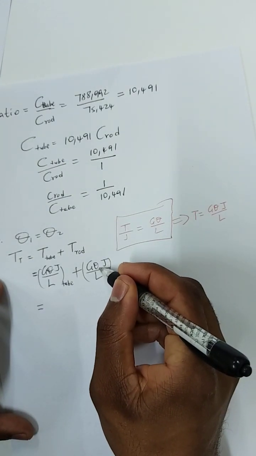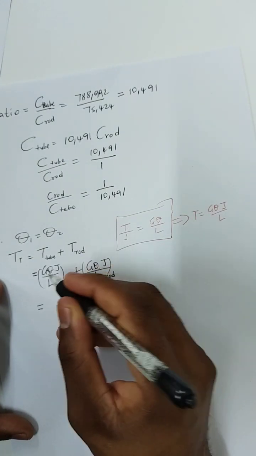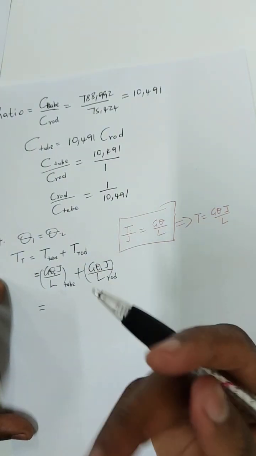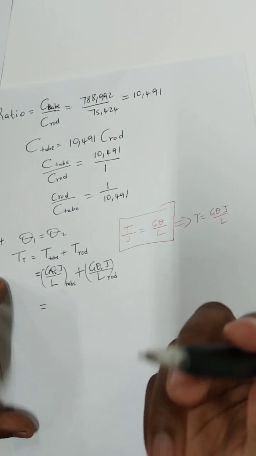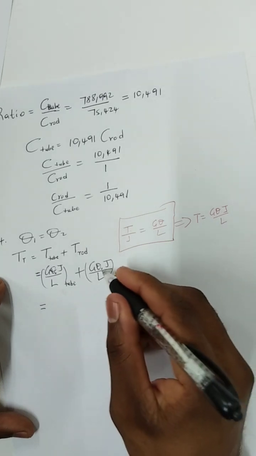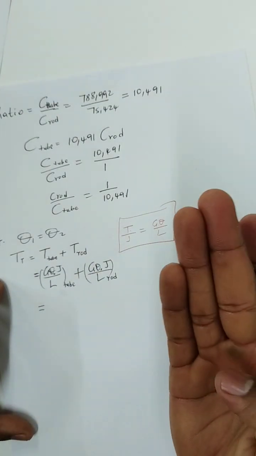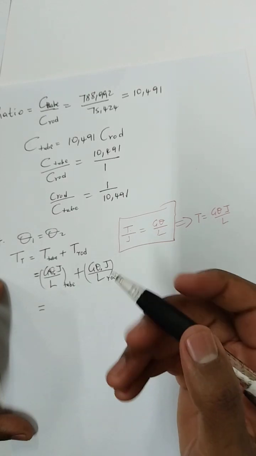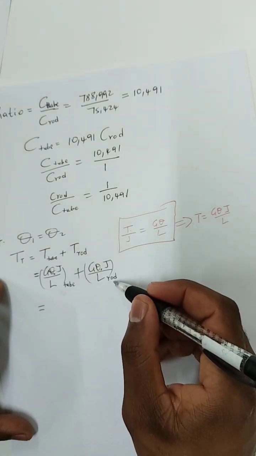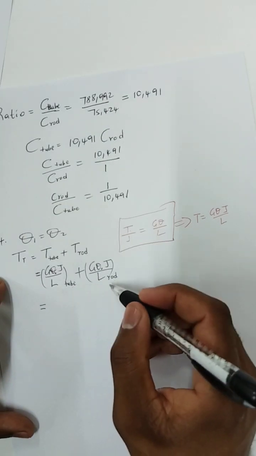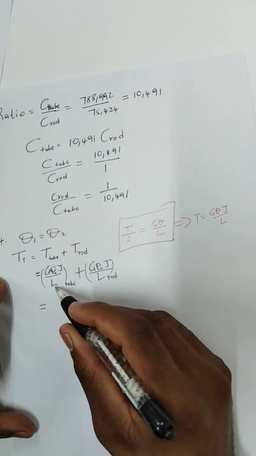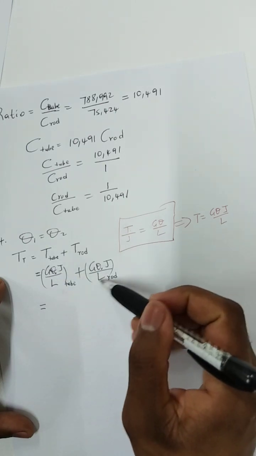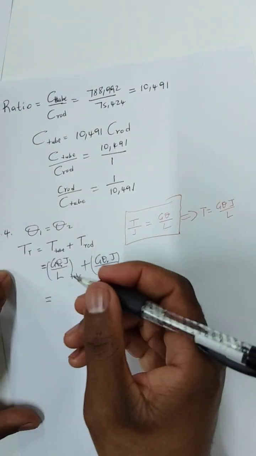Remember, theta in parallel, this theta and this one are the same. They will have the same value. So we take that value as the common factor. Since we'll be looking for theta, there is no need to take out the other as a common factor.